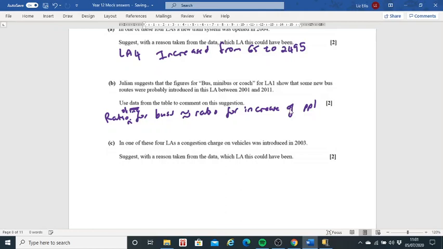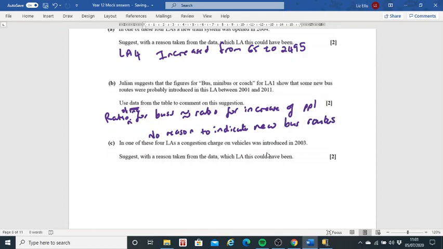So it doesn't help. Therefore we can say there's no reason, because we had to comment on our suggestion, there's no reason to indicate new bus routes. Okay, not many people got that one right.